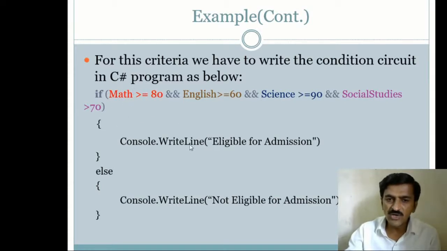Then the student is not eligible for admission. And if the first condition is true, the second condition is true, and all conditions are true, then and only then is the student eligible for admission. If one of the conditions is false, the student is not eligible.